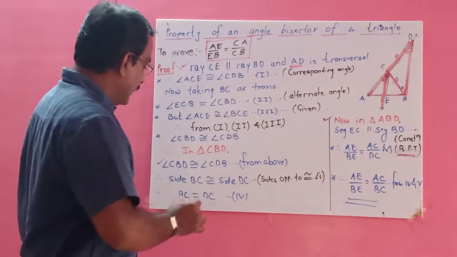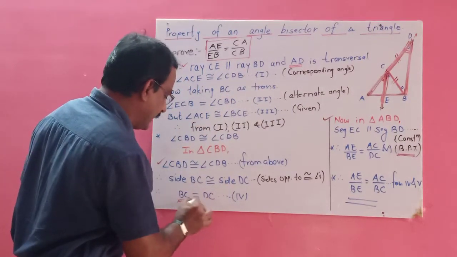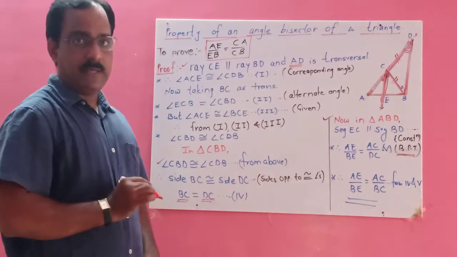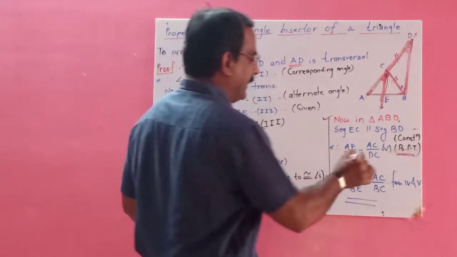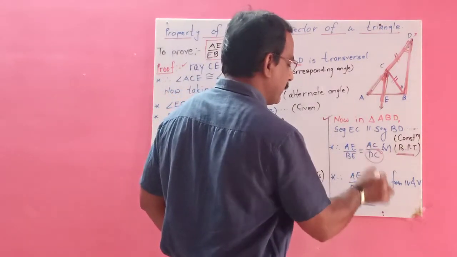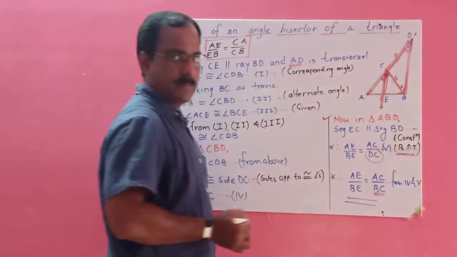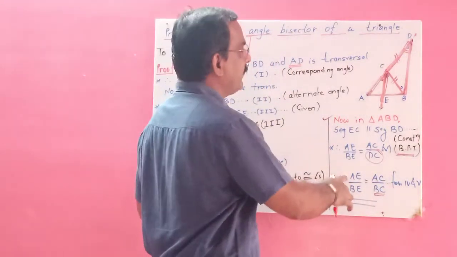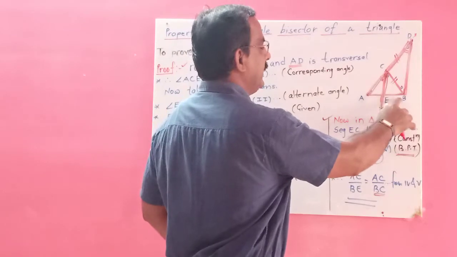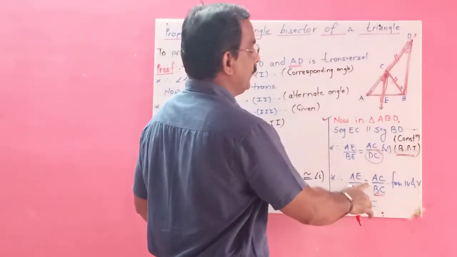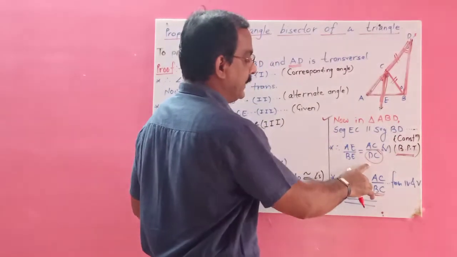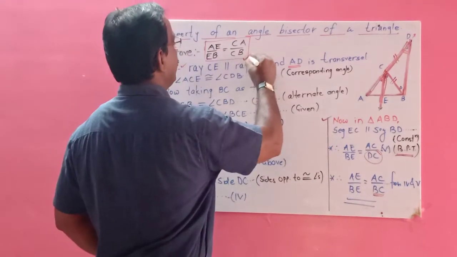But see here what you have written, that BC is equal to DC. It means I can replace this DC by BC. That is AE upon EB is equal to AC upon BC. This part.